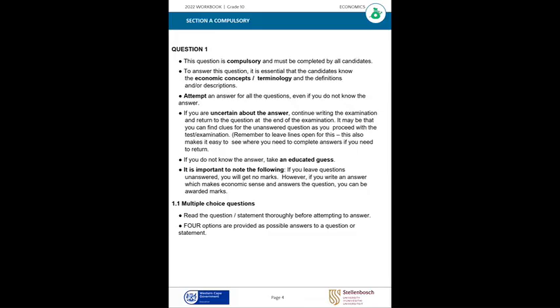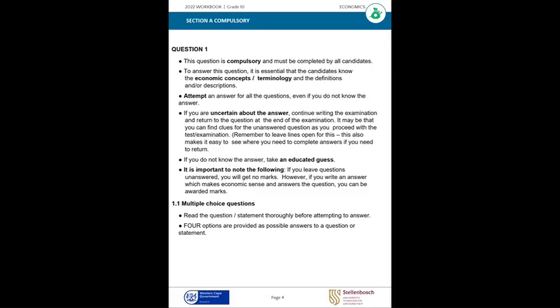Attempt an answer for all the questions, even if you do not know the answer. Please, I am asking you, do not leave any blank spaces by question 1, even if you must guess, right? You just put in something there. If you are uncertain about the answer, continue writing the examination and return to the question at the end of the examination.